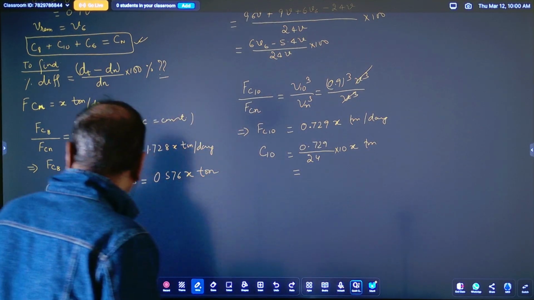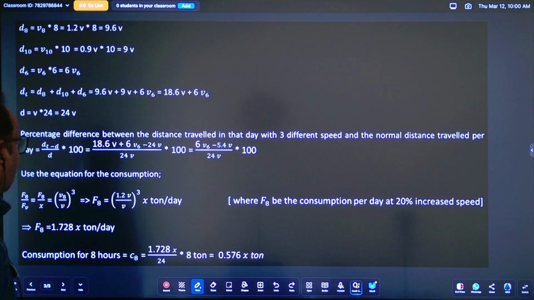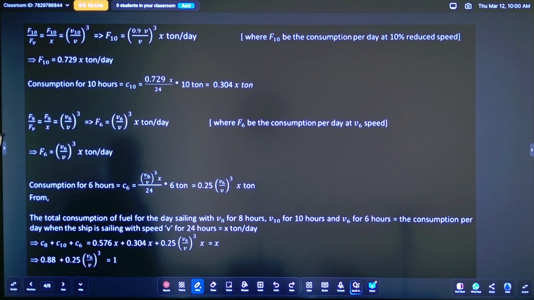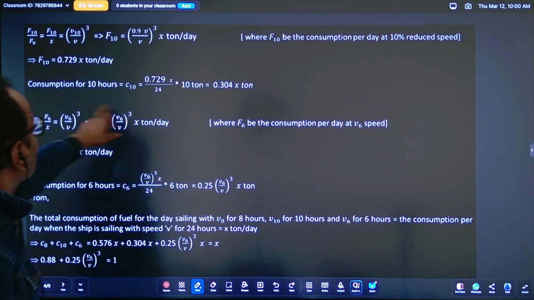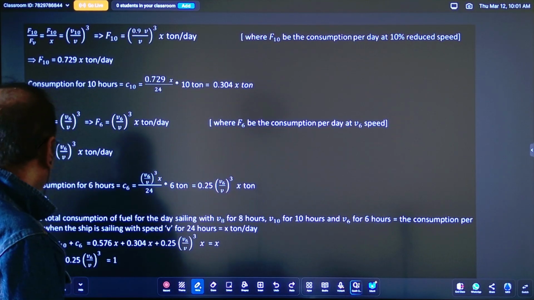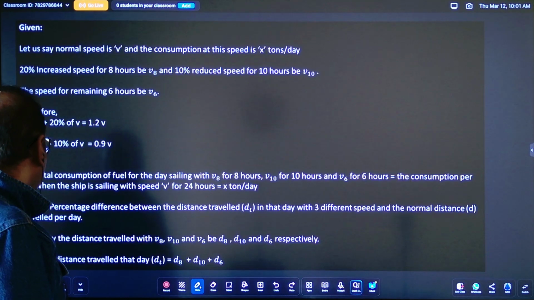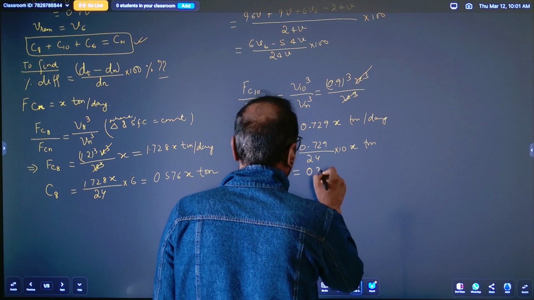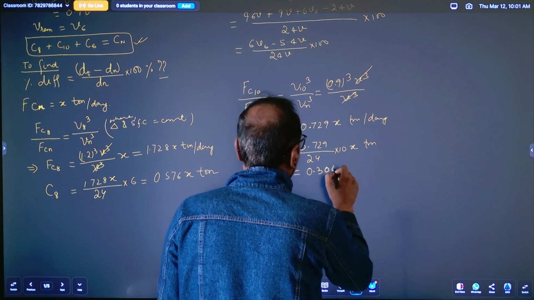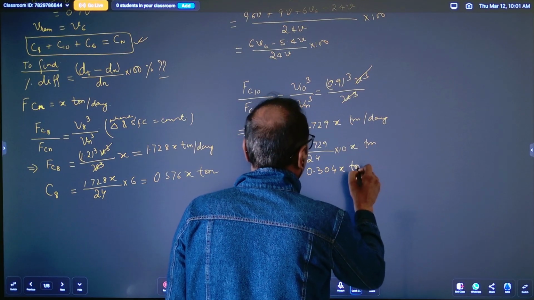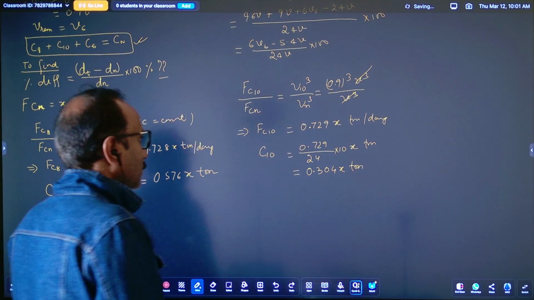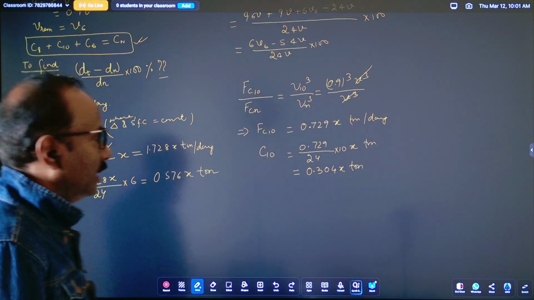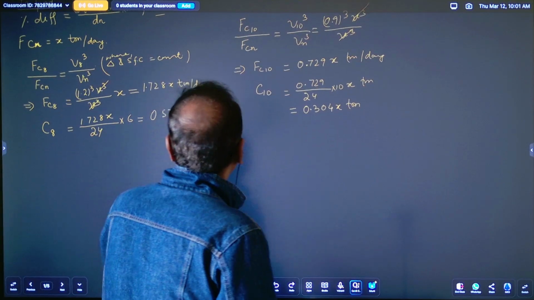How much is that? 0.304 x 10. What is left now? FC6 and C6.